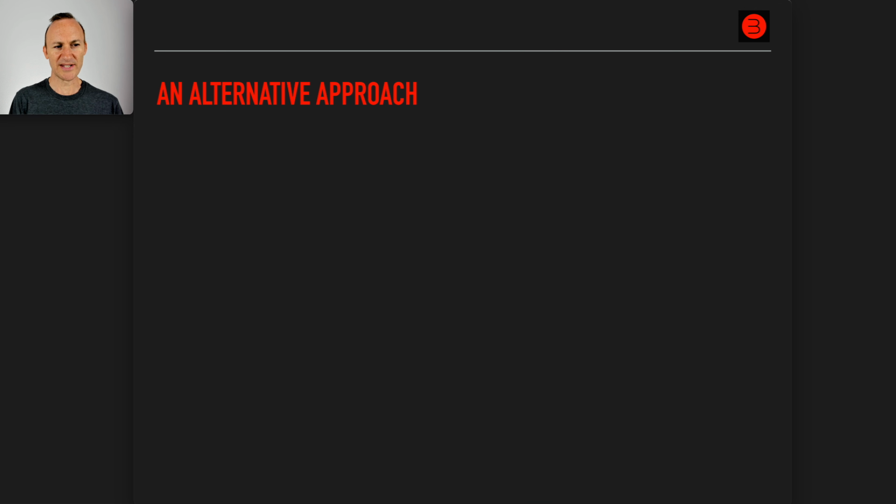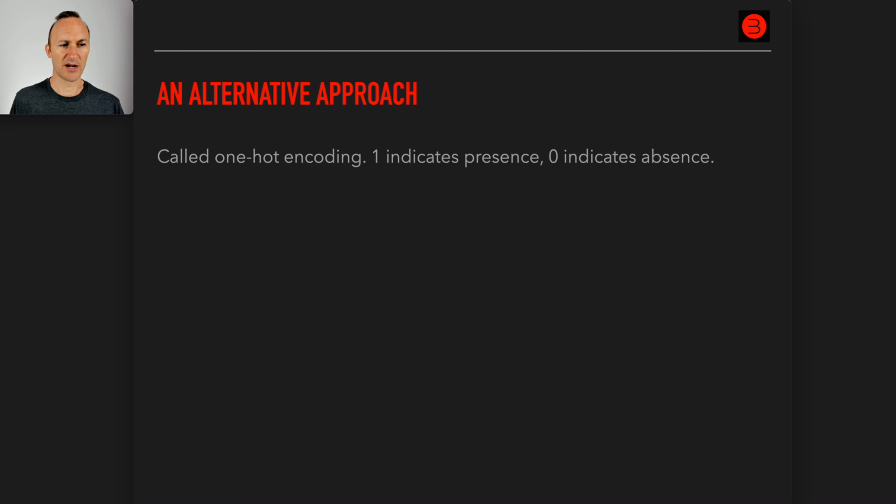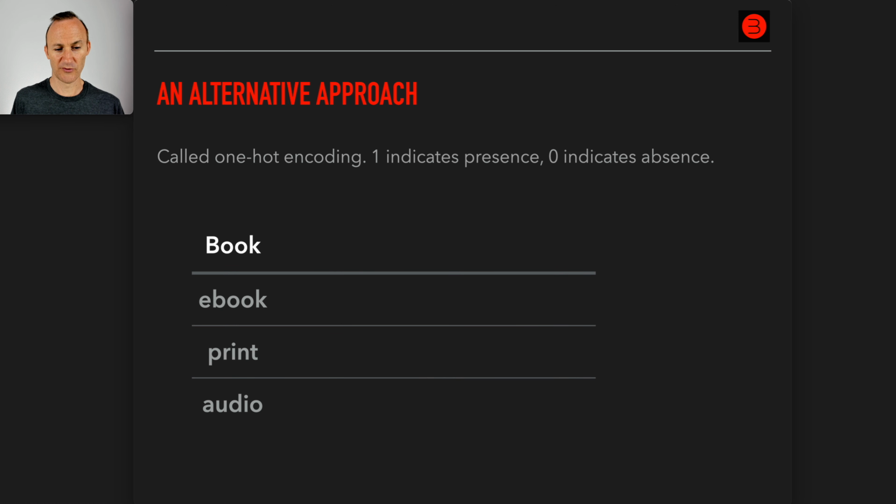So what we need is an alternative approach. And it's called one-hot encoding, where 1 indicates presence and 0 indicates absence. For instance, let's say we have the same book column, and then we want to label the ebook 1. Why? Well, because 1 indicates presence, okay?